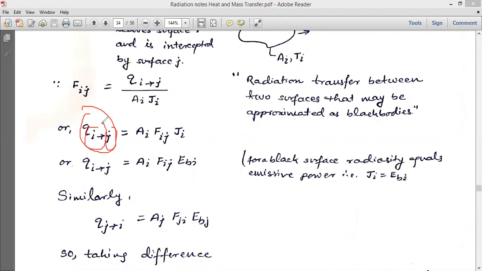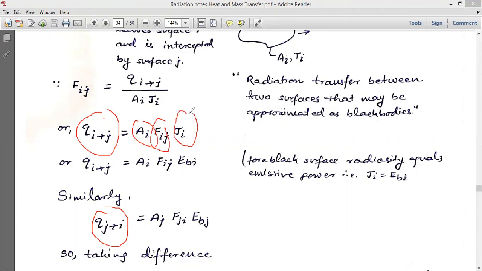In the reverse manner, there will be another rate, the radiation intercepted by surface i that is coming out of j. That will be denoted by Qji. That means there will be two terms, Qij and Qji. We have Qij as Ai Fij Ji.